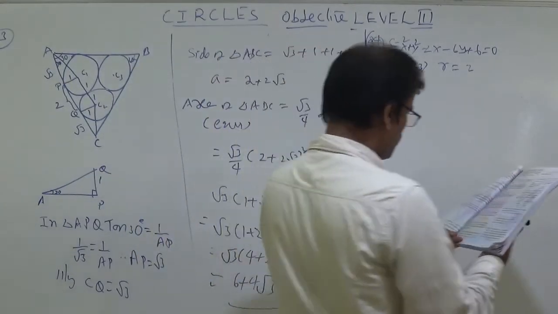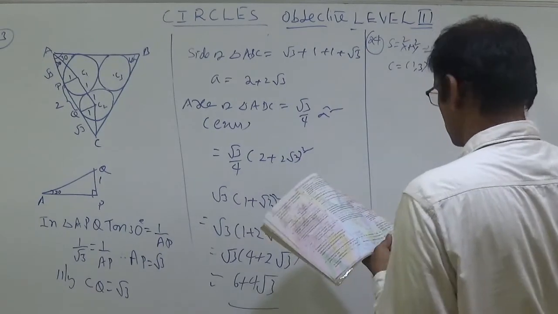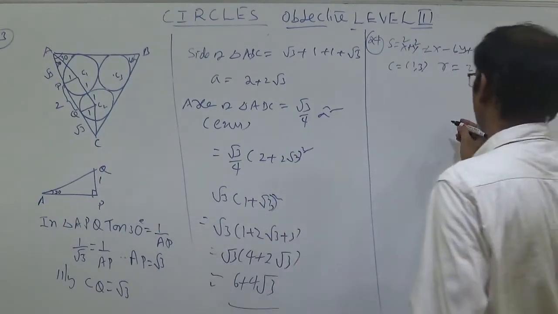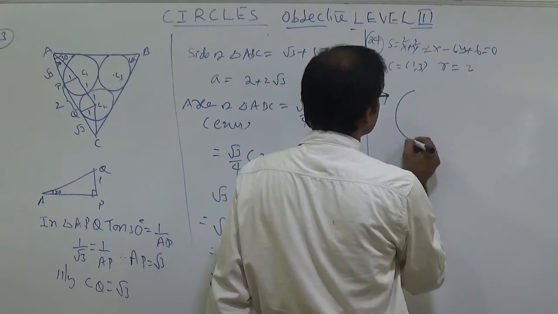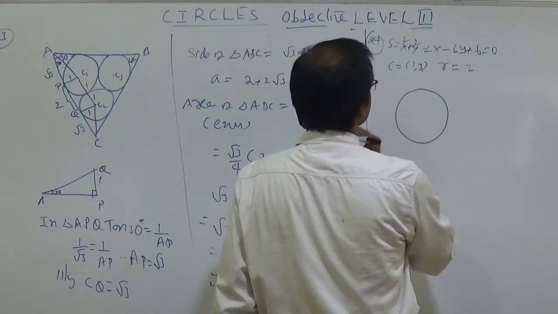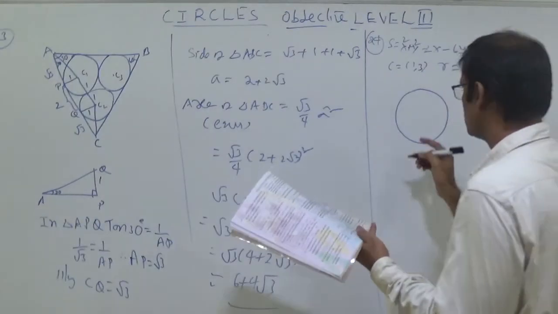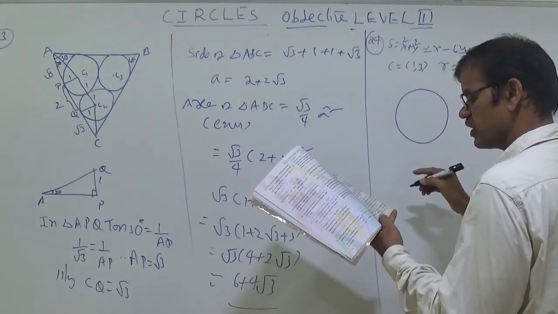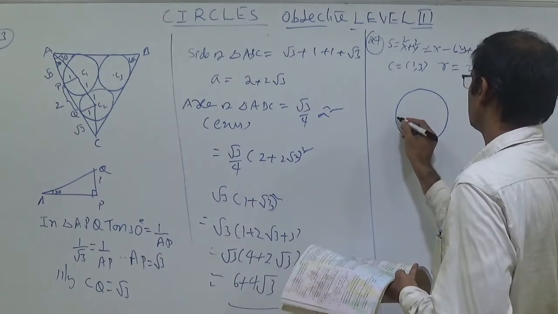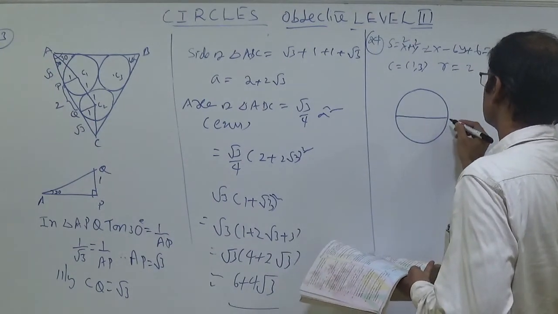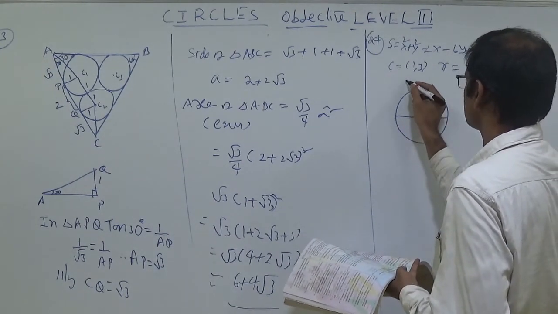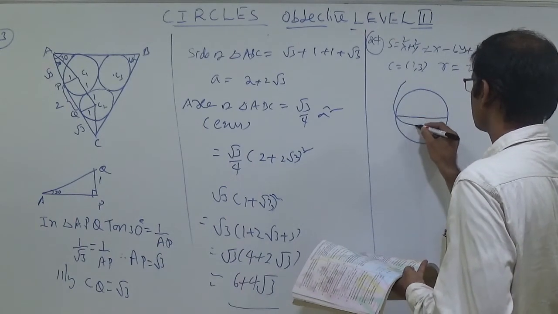If one of the diameters of the circle is a chord of circle with center 2, 1, draw diagram. One of the diameters of circle, this diameter is a chord of another circle.